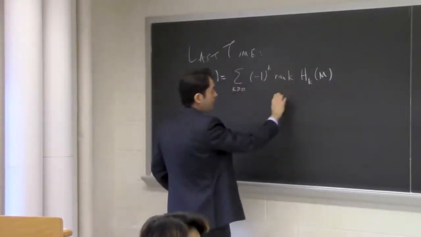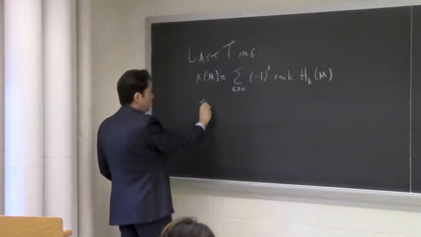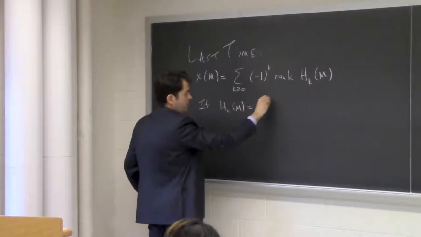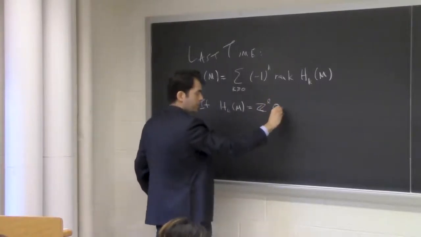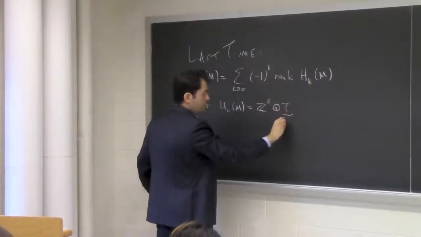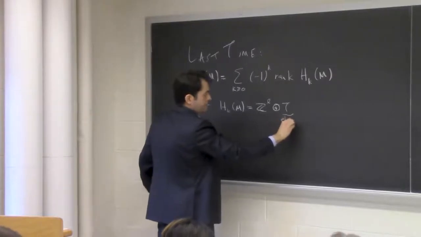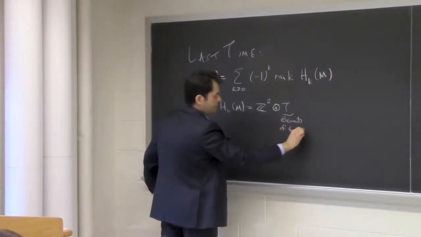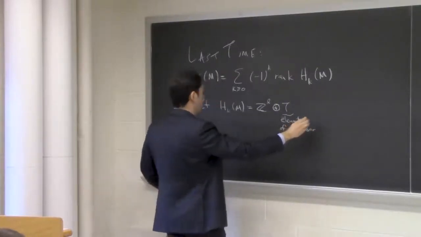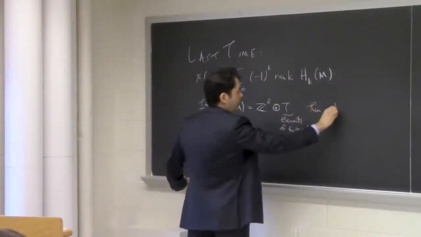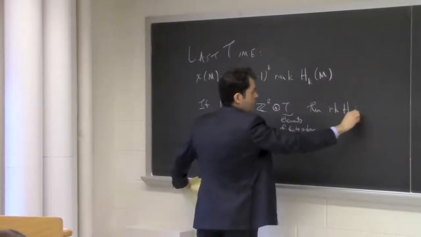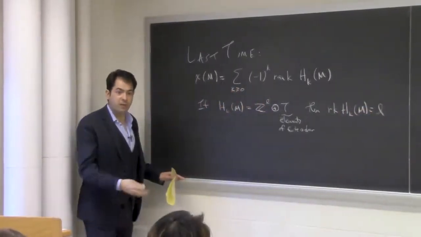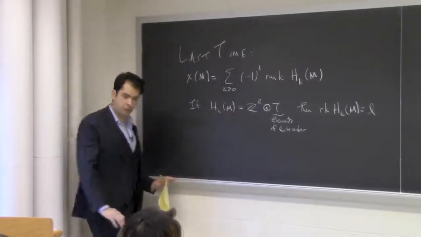And so if you have H_k(M) equal to Z to the L plus T, and these are just elements of finite order, then the rank of H_k(M) is L. So it's just how many copies of the free abelian group do you have?